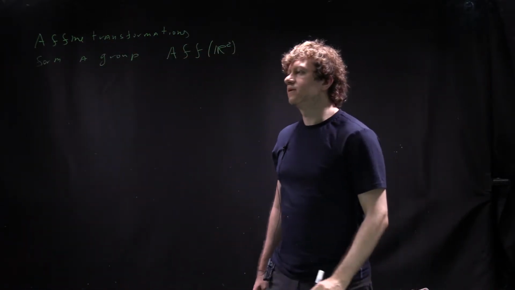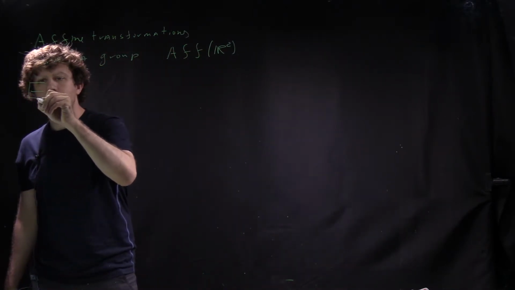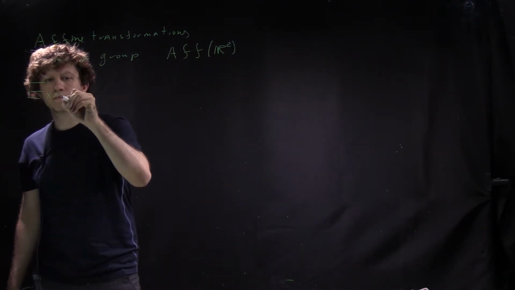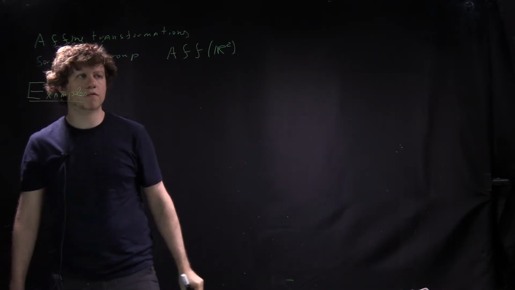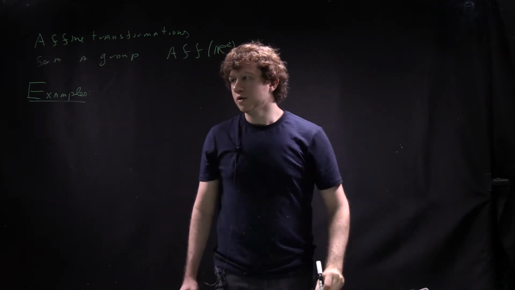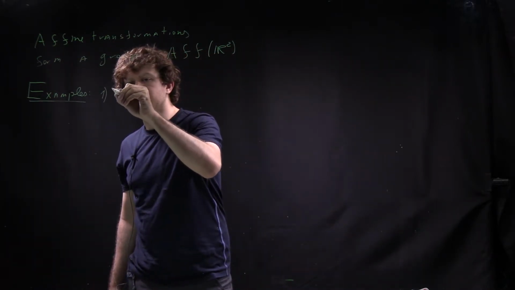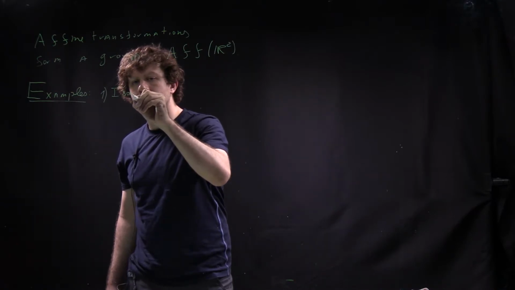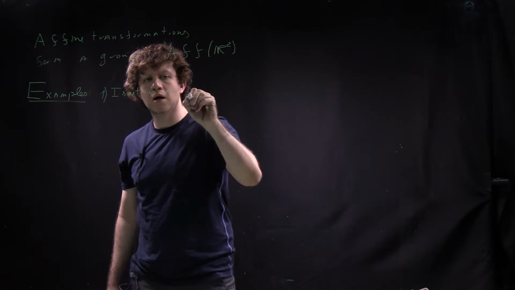Okay, so examples. What are some examples of affine transformations? So first is that isometries are affine.